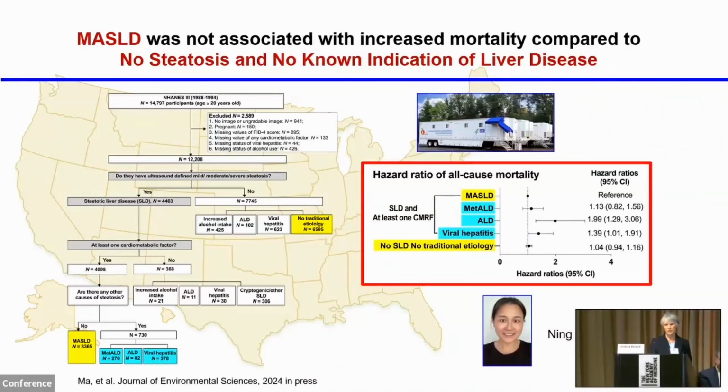In this study, my student, Ning Ma, took data from the National Health and Nutrition Examination Survey, NHANES, and we looked at all-cause mortality for MASLD versus people with no liver steatosis and absolutely no indication of any liver disease at all. And mortality was the same with over 20 years of follow-up in NHANES. What does increase mortality is alcohol and viral hepatitis.